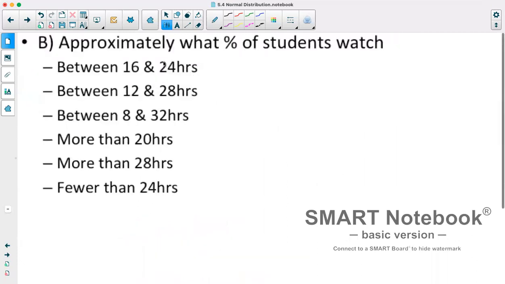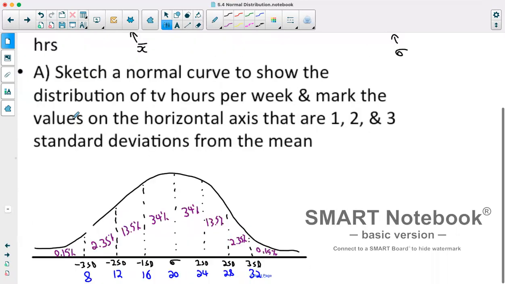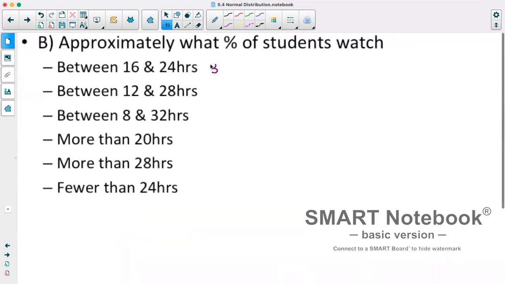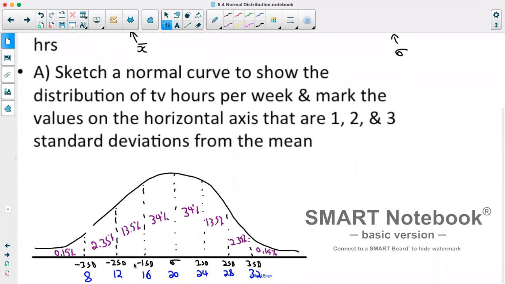So between 16 and 24 hours, that'd be from here to here, so that would be 34% and 34%. So that'd be 34 plus 34, which gives us 68%. Now between 12 and 28 hours, that's from here to here. So that's 2 standard deviations from either side.